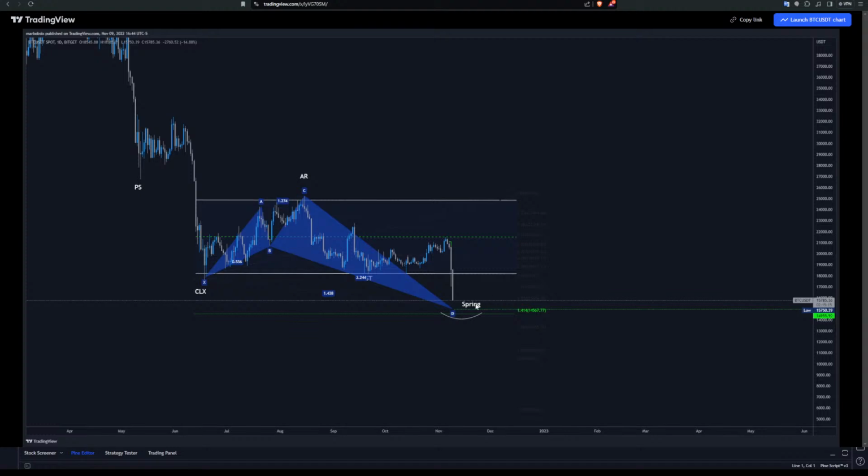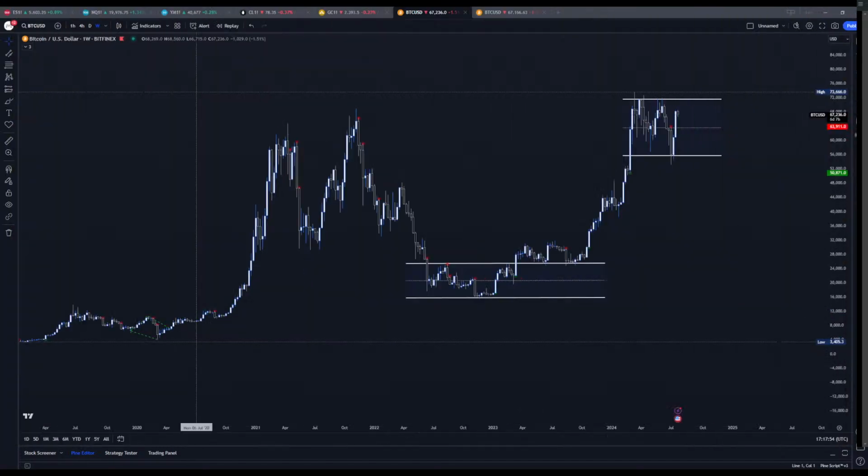At 15,700, certainly that was the case for Bitcoin, and you guys are going to understand why I'm bringing this case now. This is a chart from November 9th of 2022, basically near the bottom. At that time, what followed was a markup action.